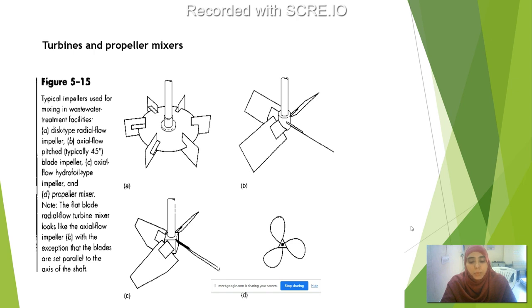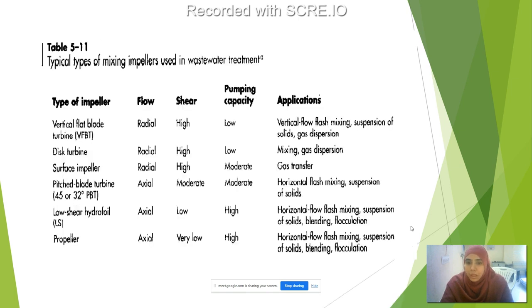Impeller mixers may be provided with more than one set of propeller blades, and these are the types of mixer impellers used in wastewater.